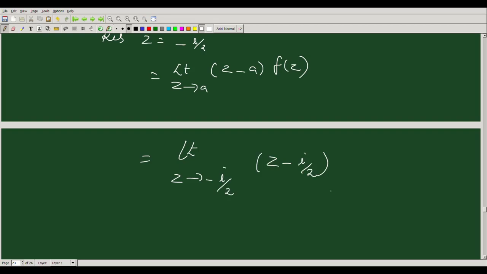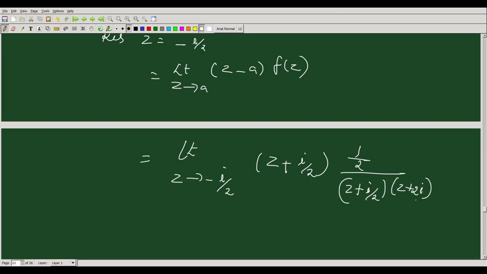The numerator is already 2, so 1 by 2. After doing this factorization, z plus i by 2 into the other factor, which is z plus 2i, right?